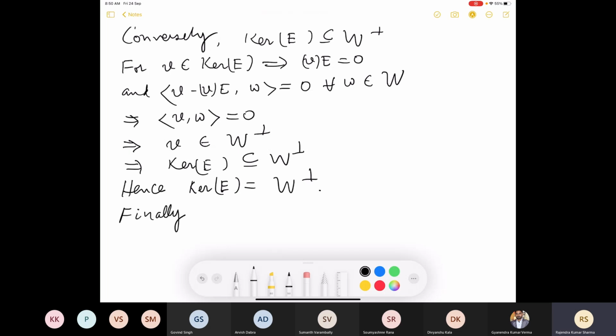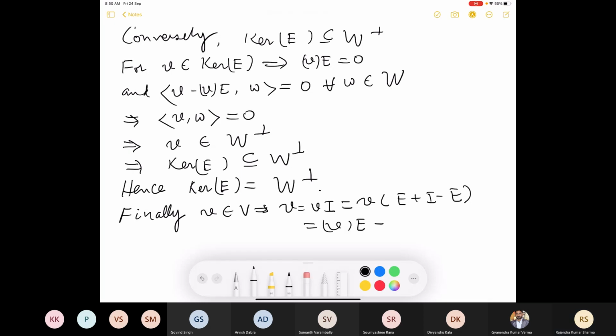So finally, V in V can be written as V times I. This can be written as, add and subtract E here, V under E plus I minus E, which is the same as VE plus V under I minus E, E tilde.